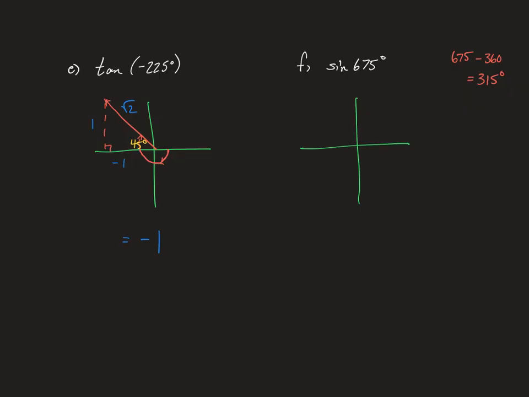So on my diagram, I am going to go around a full rotation and then another 315 degrees. That is going to put my terminal arm into quadrant 4. If I rotate 315 degrees, then I'm going to be 45 degrees short of getting back to the x-axis.